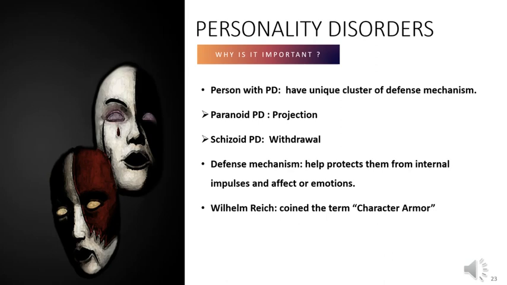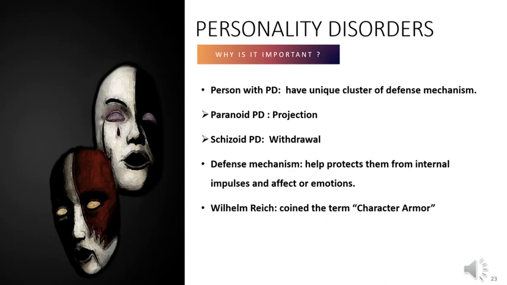Every human being has a unique stamp of personality determined by his or her characteristic defense mechanisms. In fact, each person with personality disorder has a cluster of defenses that help psychodynamic clinicians recognize the type of character pathology or type of personality disorder they have. For example, persons with paranoid personality disorder use projection, whereas schizoid personality disorder is associated with withdrawal.